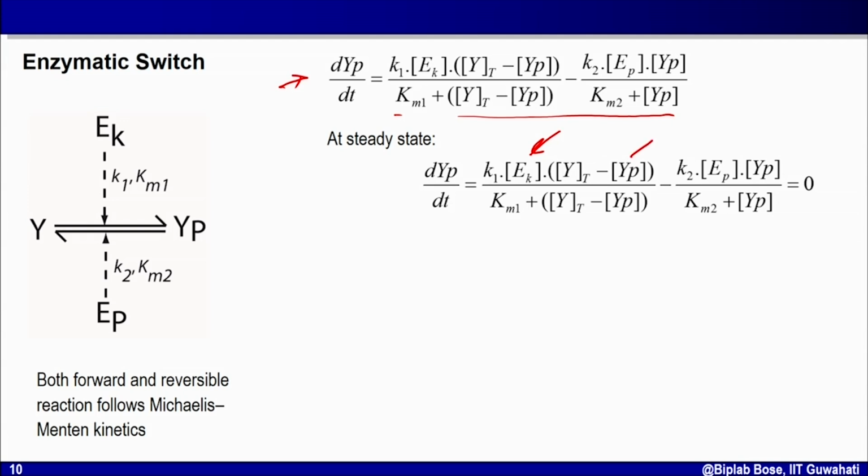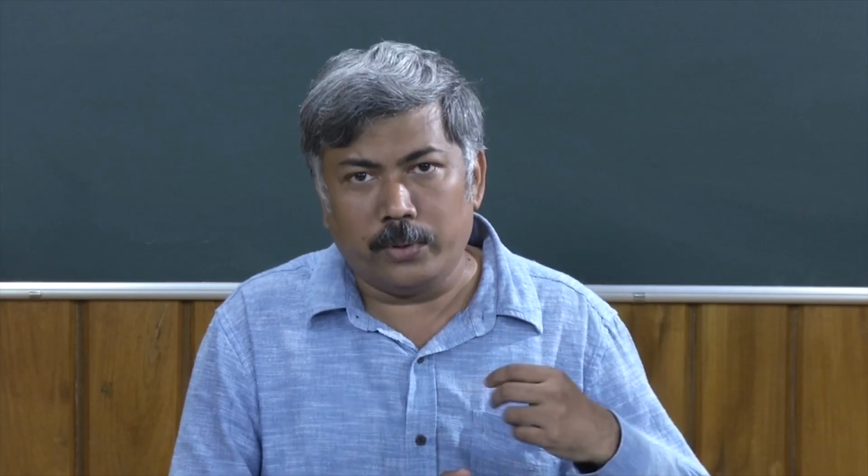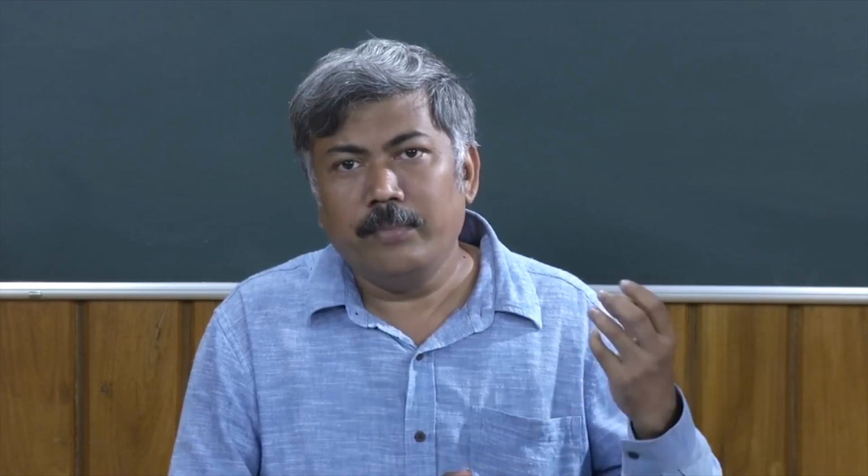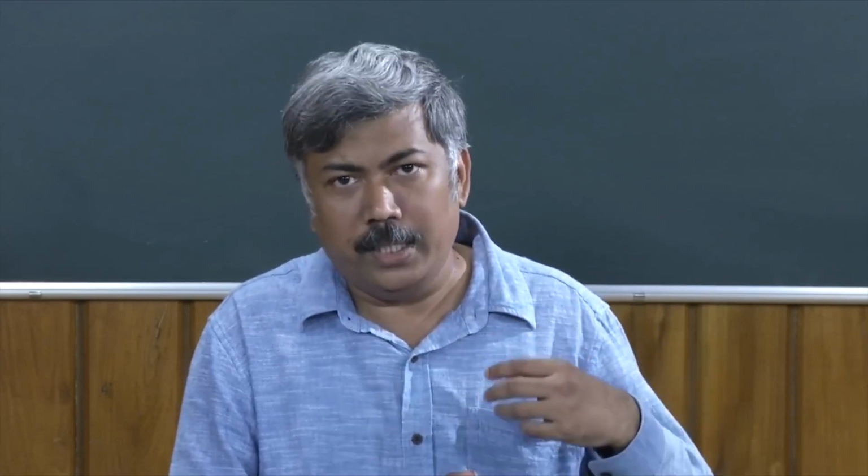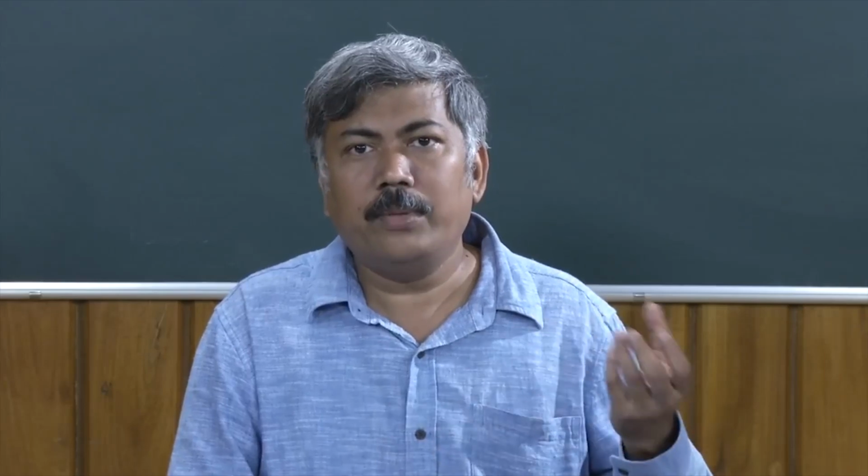So I will keep Ek on one side and YP on the other side. Remember, Ek, the concentration of the kinase enzyme, can be considered here just like an input, because that Ek may have got activated by an input signal. So that input signal can be represented by the concentration of the kinase enzyme.